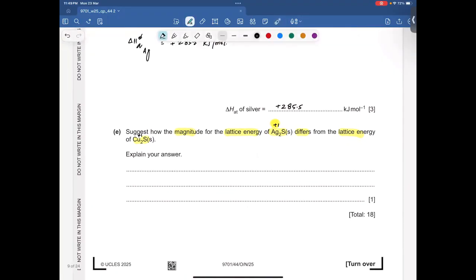So silver ion has a larger ionic radius than copper 1 ions.